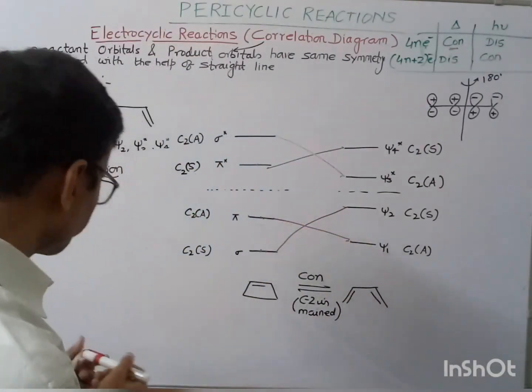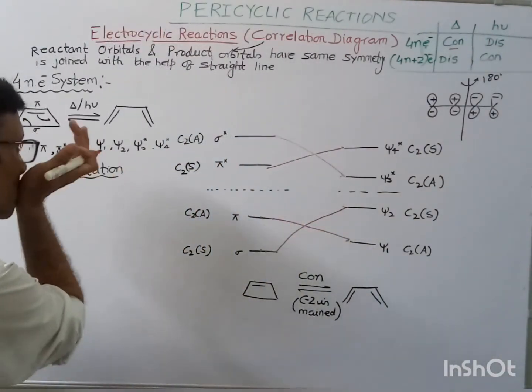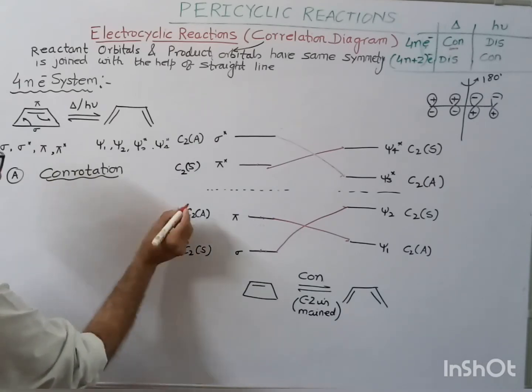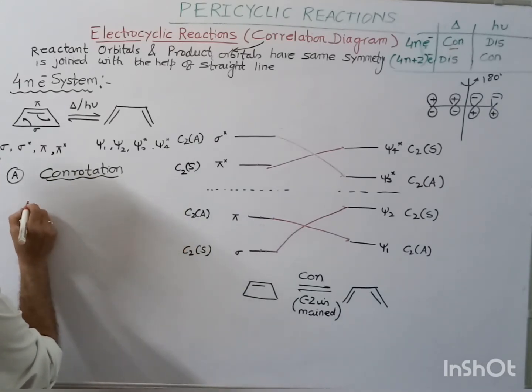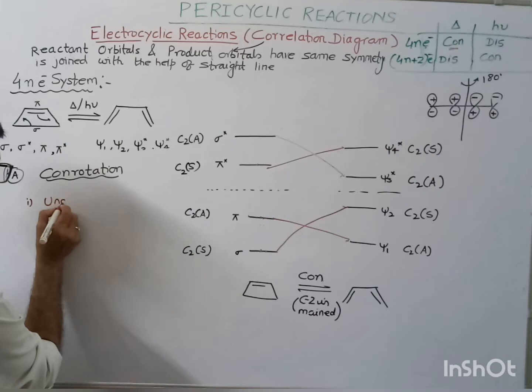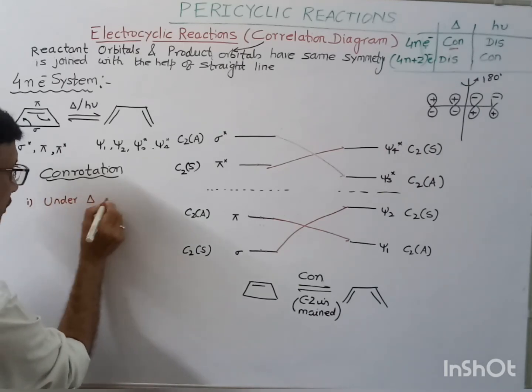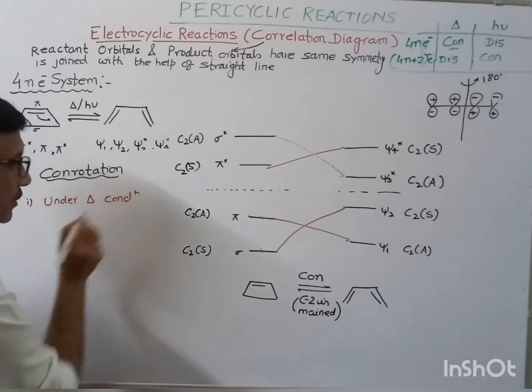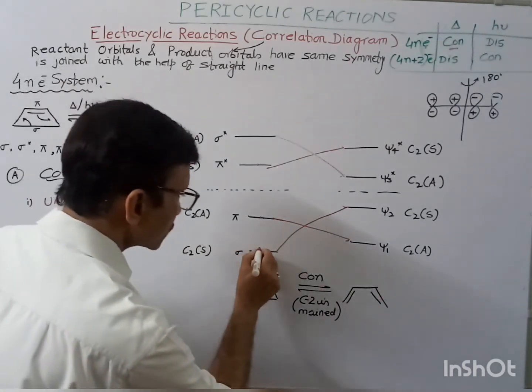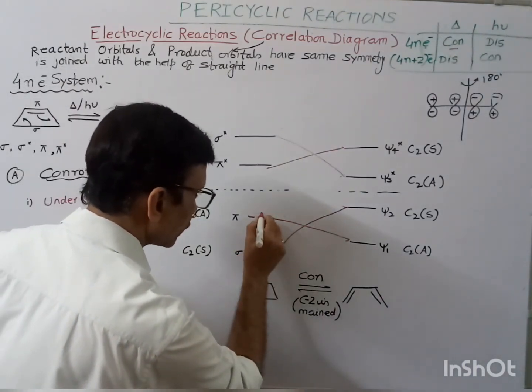So let's see, first, under thermal condition. If you see, 2 electrons are present over here and 2 electrons here, a total of 4 electrons.